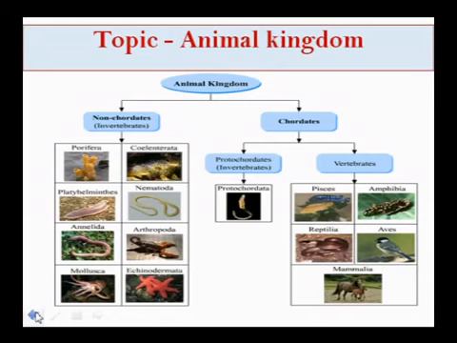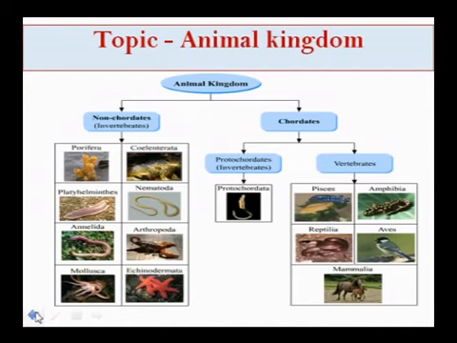Then comes Ctenophora, followed by Platyhelminthes, Aschelminthes, Annelida, Arthropoda, Mollusca, Echinodermata, Hemichordata, and finally Chordata. As you know, Chordata is divided into subphyla like Urochordata, Cephalochordata, as well as Vertebrata.